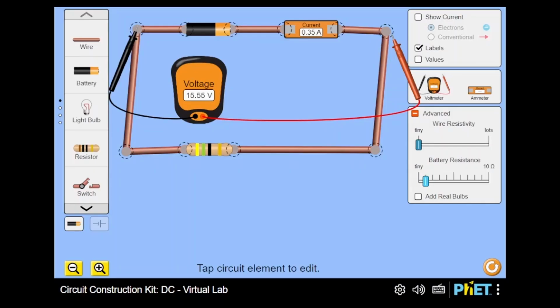But look at the internal resistance. If you look at this advanced panel on the right hand side of the screen, I have wire resistivity and the battery resistance, and the scale is 0 to 10. So there our internal resistance is indeed 1.